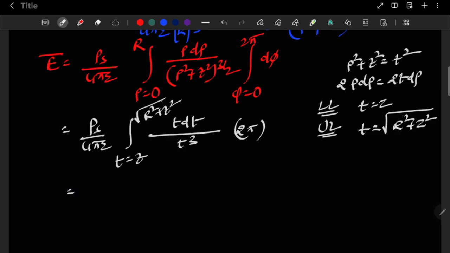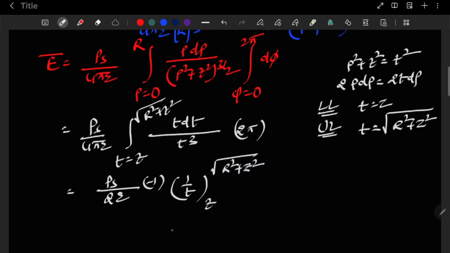So it is equal to rho s by 2 epsilon, and here 1 by t square, the integral gives minus 1 by t. Then the limits, lower limit is z, upper limit is root of R square plus z square.